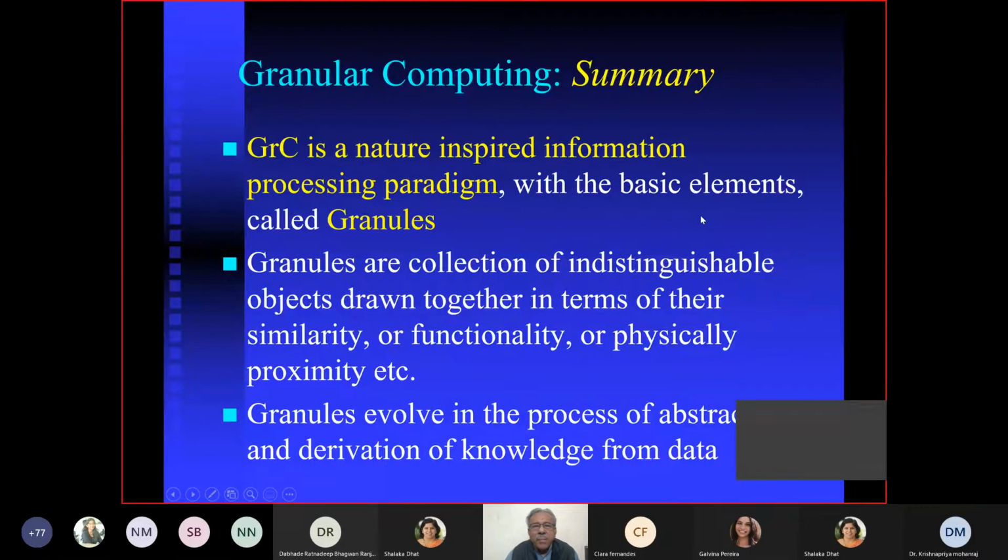Granular computing, in summary, is a nature-inspired information processing paradigm with the basic elements called granules. Just note it carefully. And what are granules?